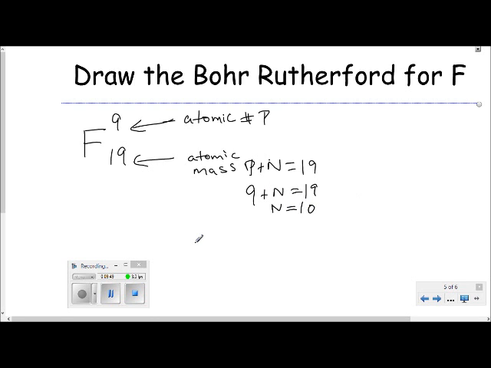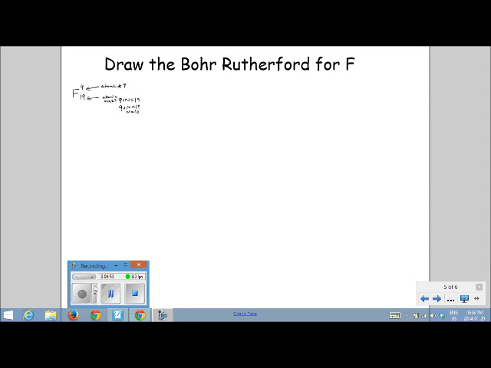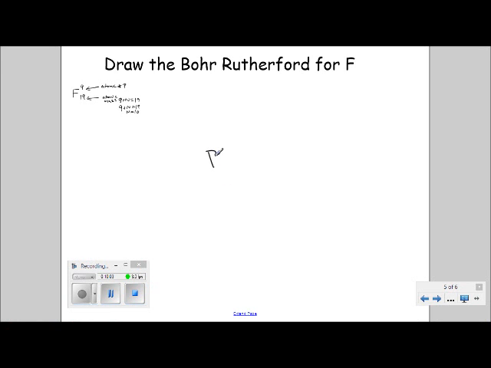So our atom, when we look at it, has 9 protons and 10 neutrons. So in our atom, we're going to have P's and N's, and our protons are 9, and our neutrons are 10.